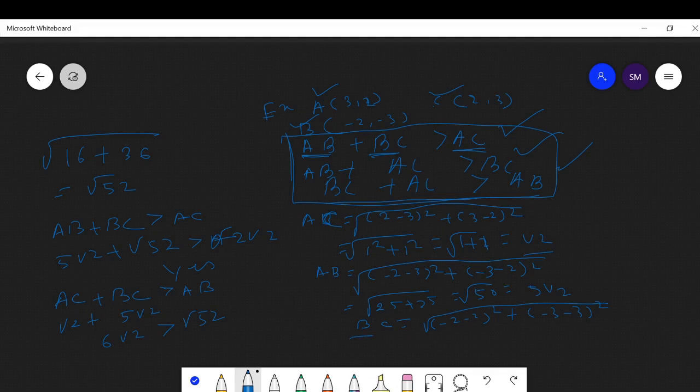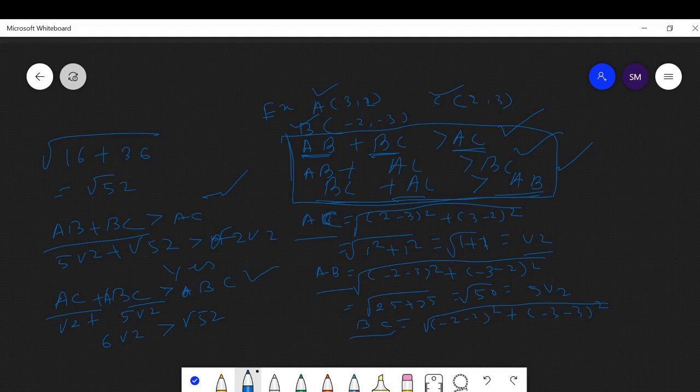Then next condition, AC plus AB is greater than BC. Yes. Then next, BC plus AC is greater than AB.